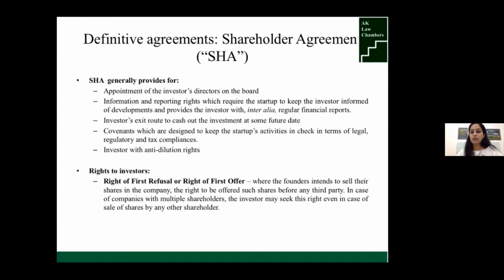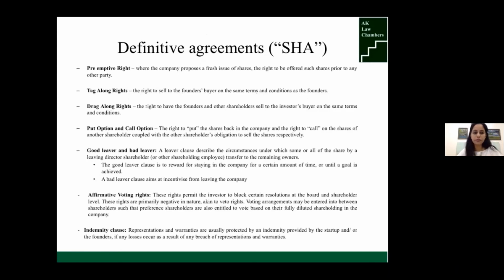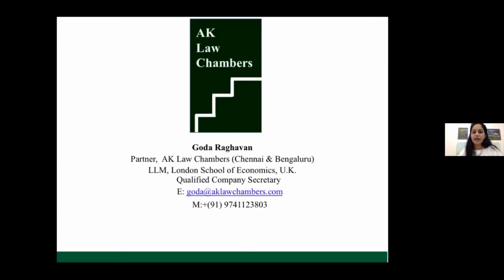So you need to look at the documentation holistically and not purely from a commercial point of view. I've listed out the typical clauses in a shareholders agreement, and you can go look through it. We've touched upon most of these things. That brings me to the end of the presentation, and I'm happy to answer questions at the end of the breakout session.